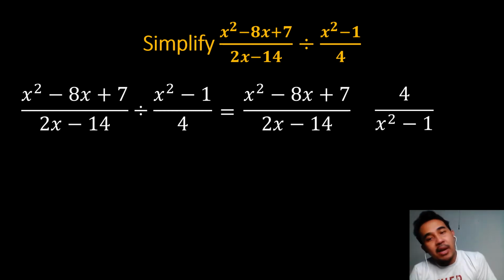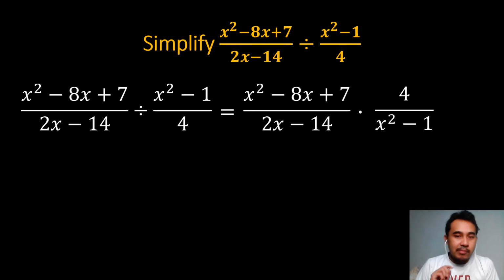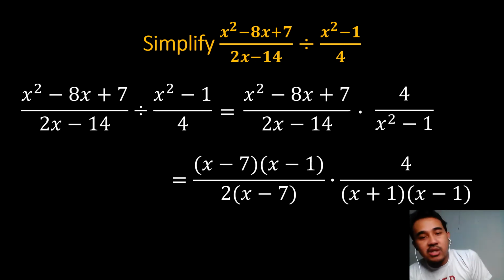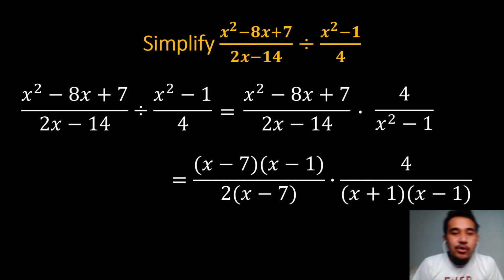Now, once again, in this case you will use your factoring skills. The factors of x squared minus 8x plus 7 will lead you to x minus 7 times x minus 1. Common factoring: 2x minus 14 will lead you to 2 times x minus 7. Then 4, and then difference of two squares: x squared minus 1 will lead you to x plus 1 times x minus 1. Now, let's cancel the common terms.